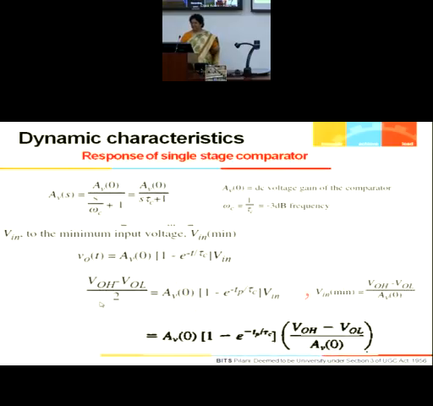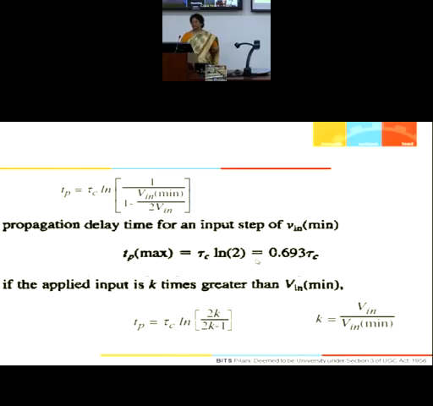Because when the output reaches its half value corresponding to this value of V in, the T will become TP, the T propagation. So I get an expression for T propagation when your comparator is operating in a linear mode, such that your dynamic characteristics are governed by the frequency response or the 3 dB frequency, where I am assuming my comparator has a single pole transfer function.